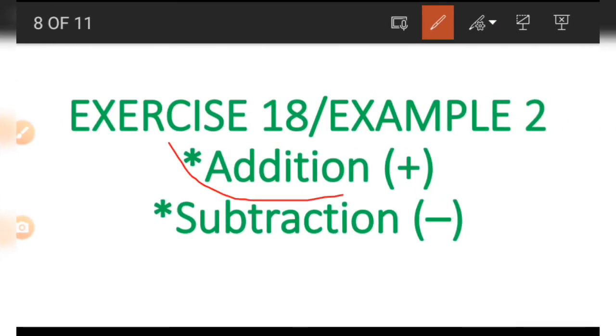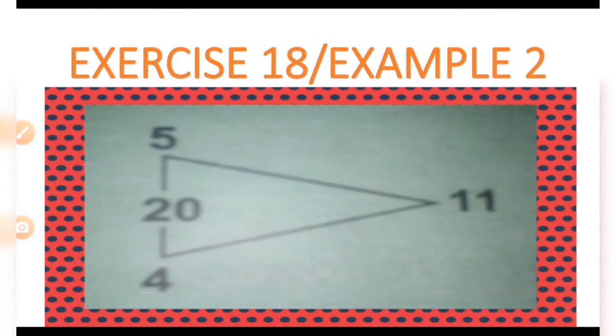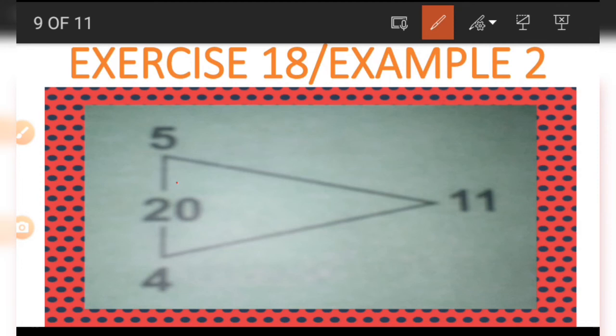Alright, that is it for example 1. Now in example 2, we are making use of the concept of addition and subtraction. Alright, now let's get started. We have 4 numbers in this triangle that is lying down. This triangle is horizontal, but we'll start with the largest number, the number 20.